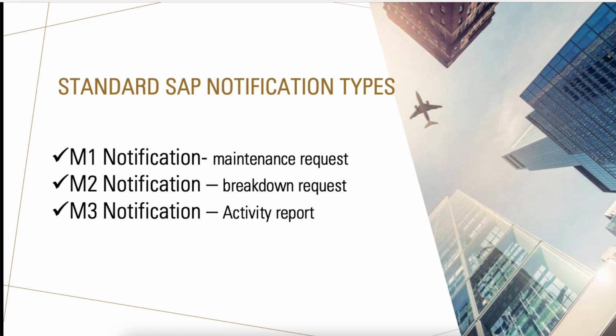So if there's going to be some sort of planning, either for equipment, components or labor, then the maintenance team might have to convert the notifications to work orders, and after the job has been executed, the work order would then have to be closed. So I hope we are able to understand these notification types.